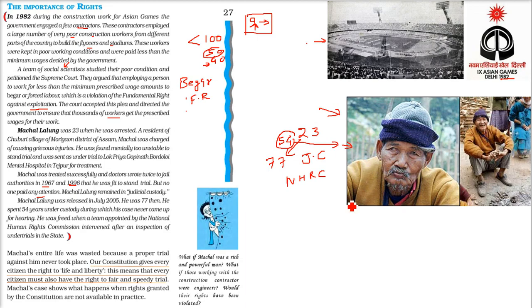That means our constitution gives every citizen of the country the right of life and liberty. This means every citizen must also have the right to fair and speedy trial, which Lalu did not get. He was poor. He was not being listened to.